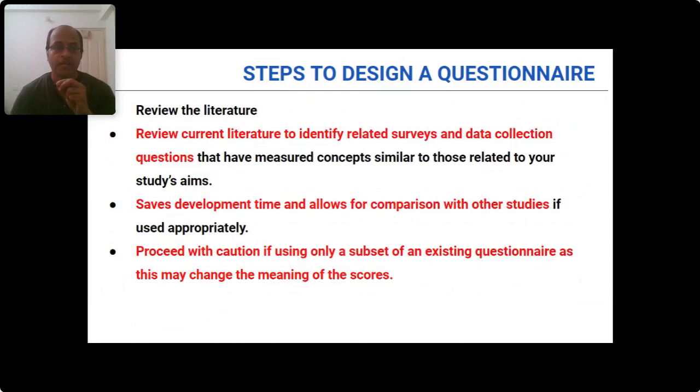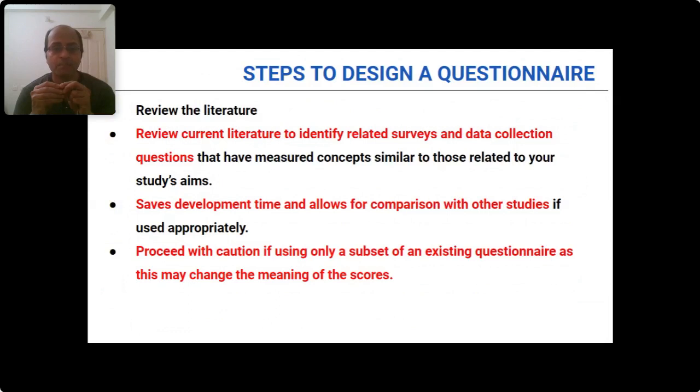Then, second part, review of literature. Reviewing the current literature is always a good idea, whether you're doing it for a paper, for a questionnaire, or any one of them. Reviewing the literature is useful because it tells you whether the questionnaire that you are trying to design already exists or is different from the existing ones. Reviewing the current literature to identify related surveys and data collection questions will help you to come up with newer questions.